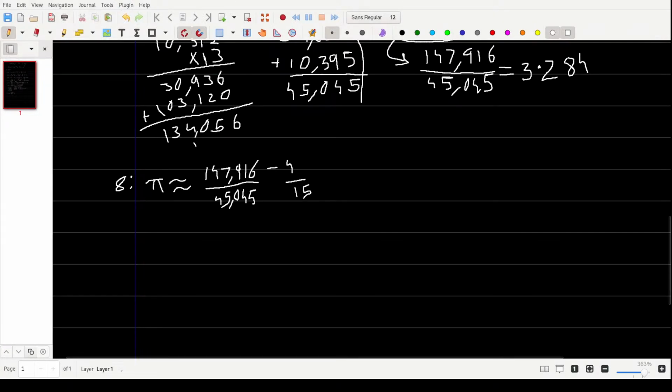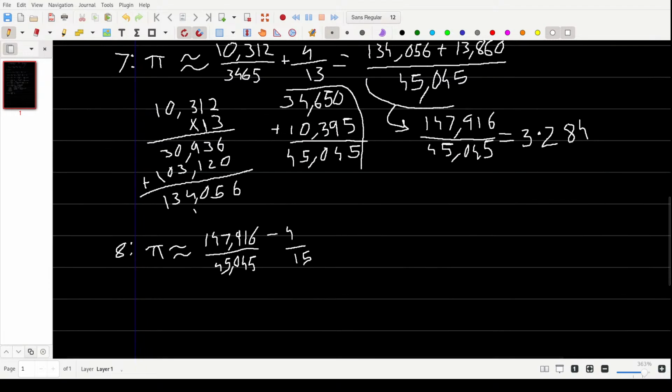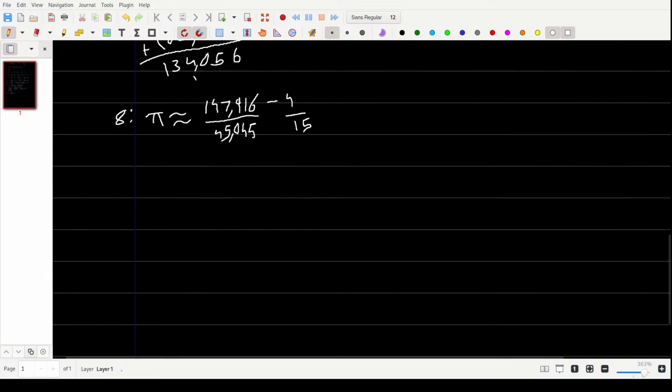So the denominator is just going to be this, isn't it? 45 over 45. So we don't actually need to multiply this one.